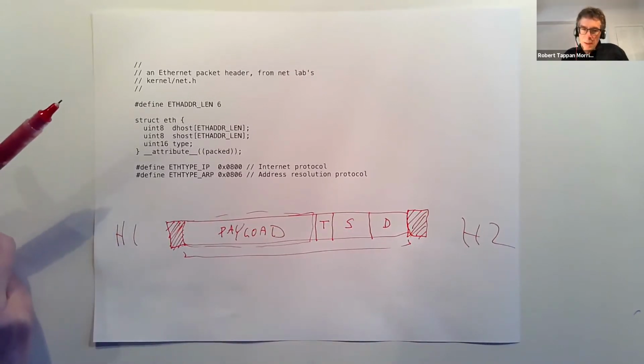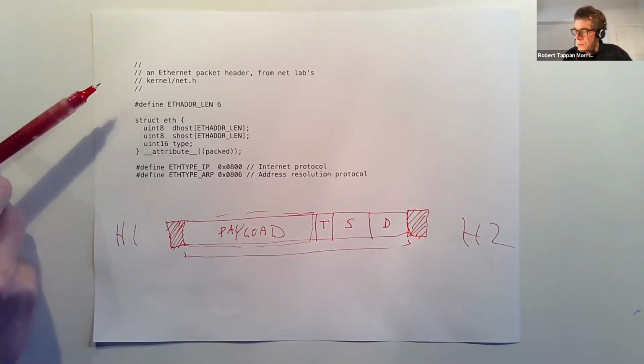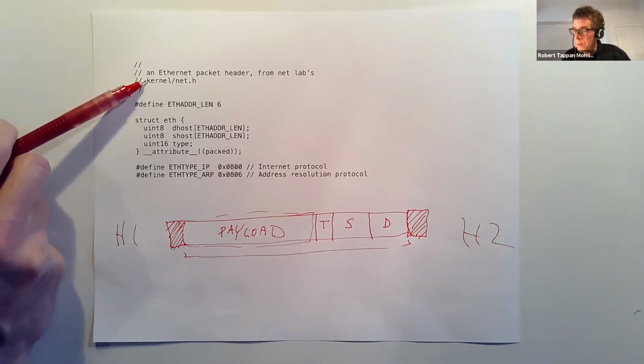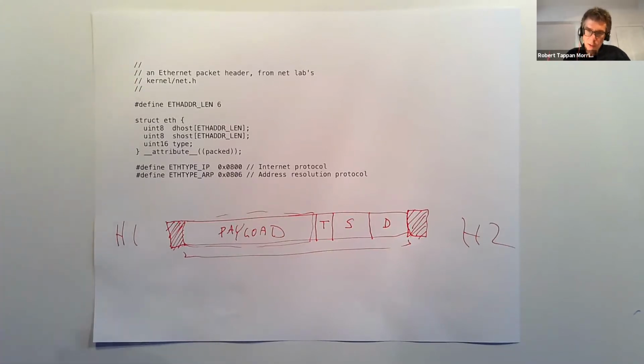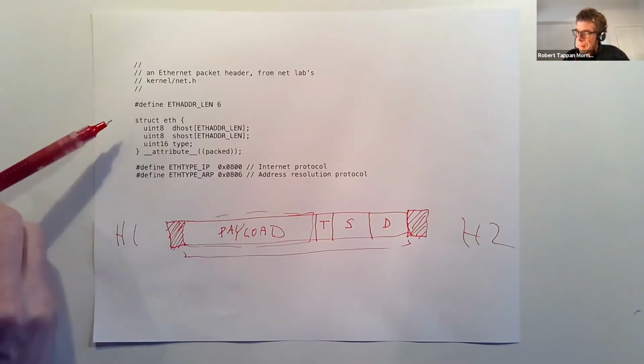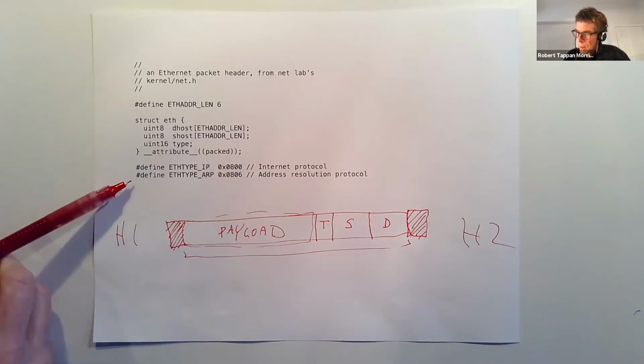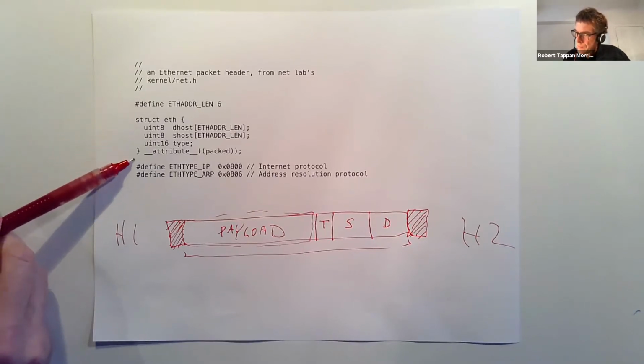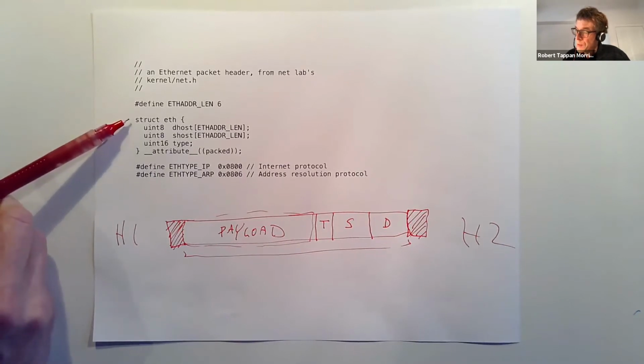If you've looked at the final lab for the course, you'll see that the software we give you includes a bunch of new files, including kernel/net.h, which contains a whole bunch of definitions of packet headers for different network protocols. This is just text taken directly from this net.h file we give you, and it includes a description of the layout of the Ethernet header.